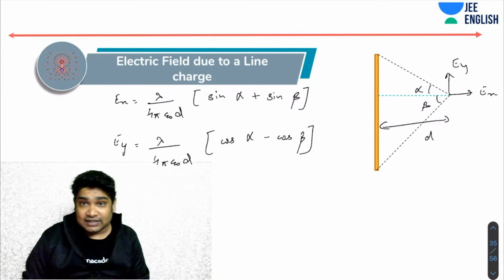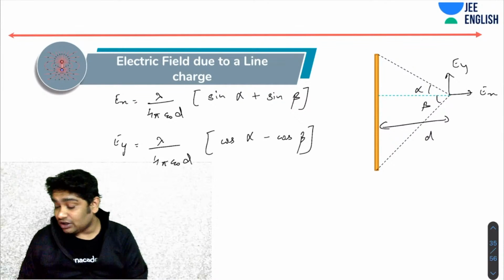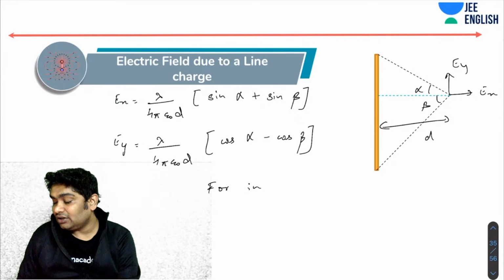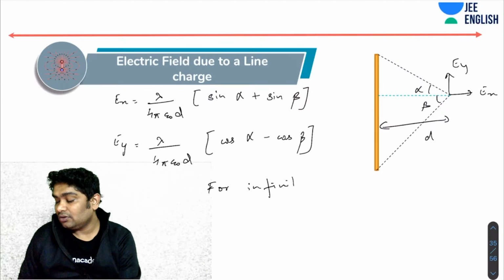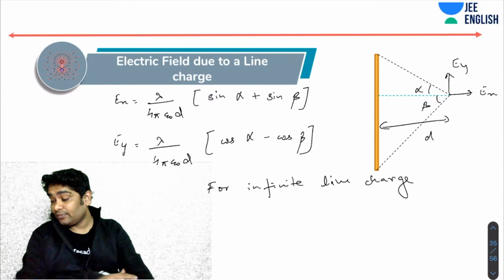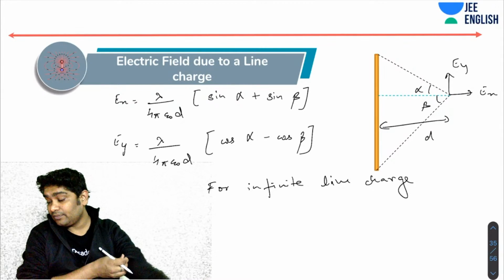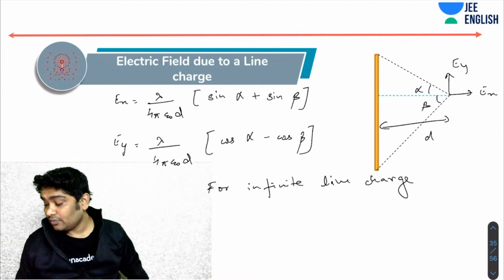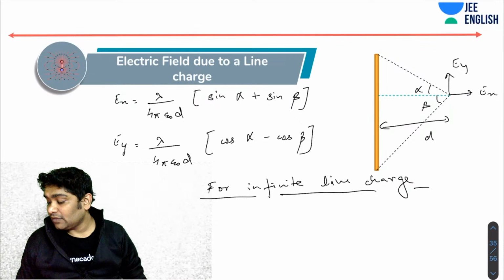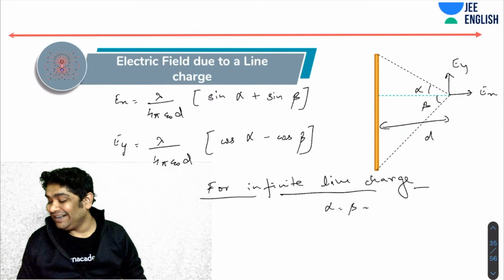Now, as a special case, for an infinite line charge, alpha equals beta equals 90 degrees.